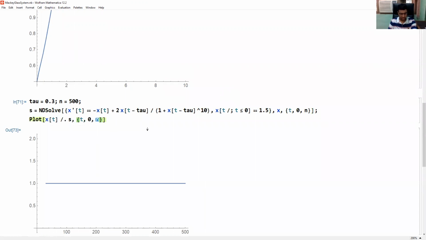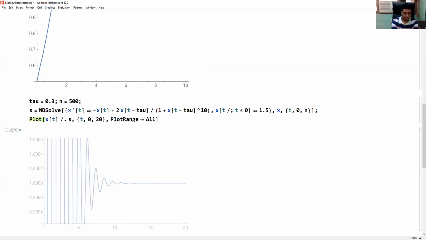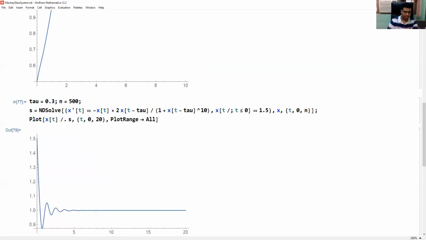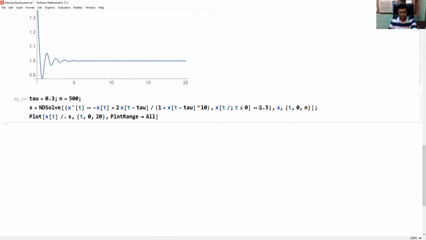Here I am writing 0 to 20 as the plot range. Now let us select minus 0.5.